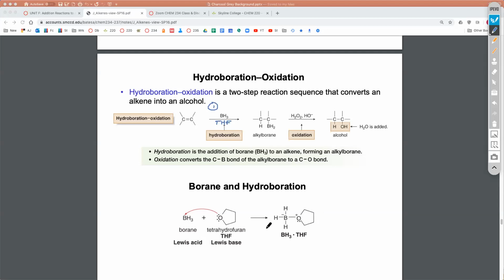And that size is going to be important when we start considering the mechanism and why the hydrogen goes to the less substituted and the boron to the more substituted carbon.